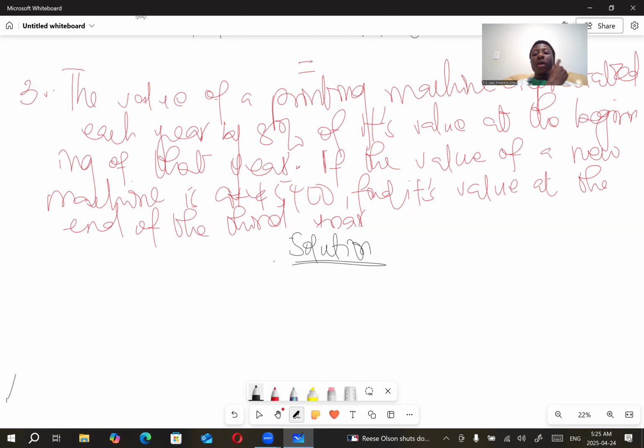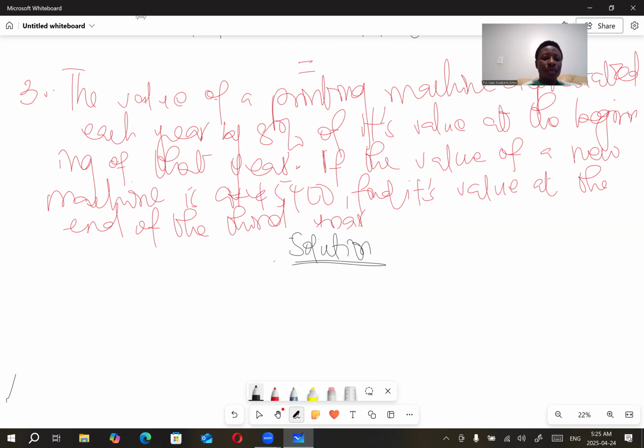Now, if the price of a new machine is 5,004, find the value at the end of the 3rd year. So meaning you are now looking for the new value, because we are seeing it drops. If it drops, we want to know the price after it has dropped.